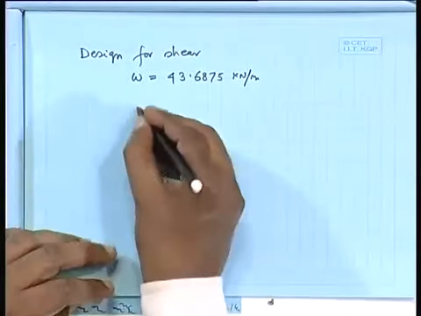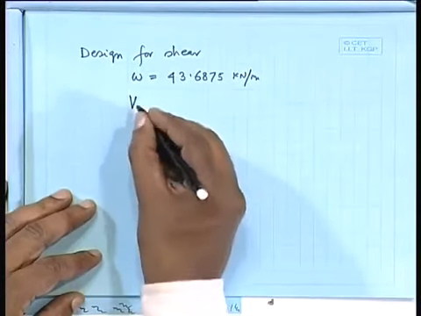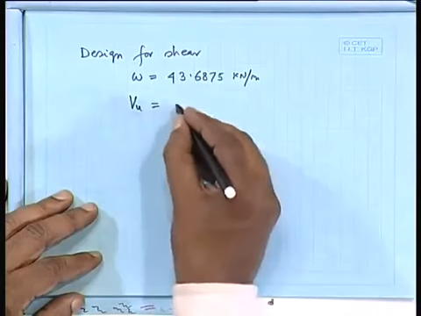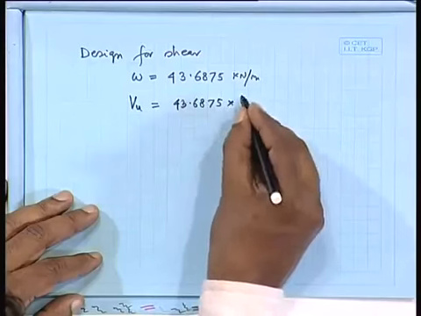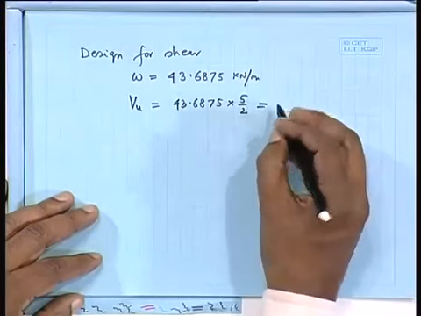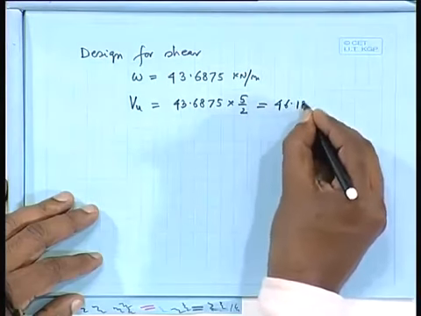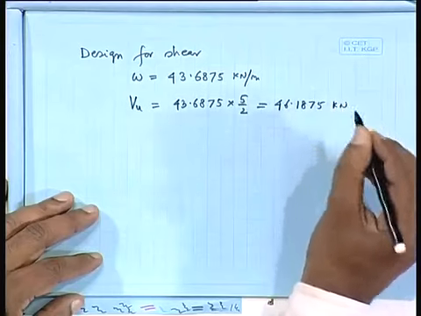So VU, that is 43.6875 into 5 by 2, which is coming as 46.1875 kilonewton.